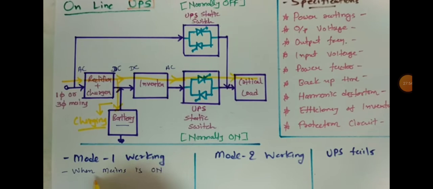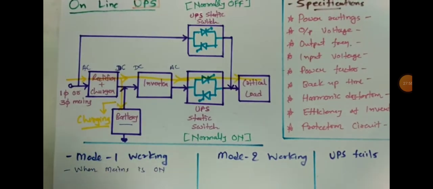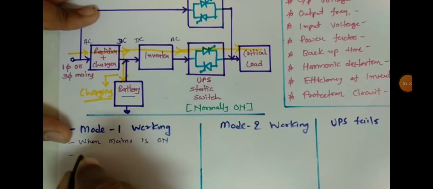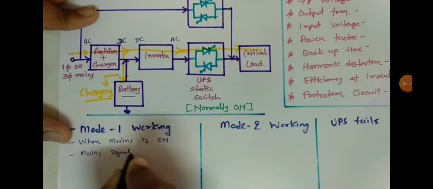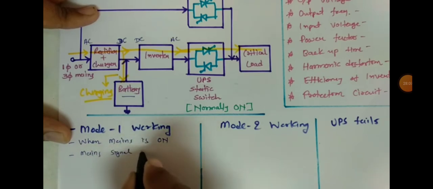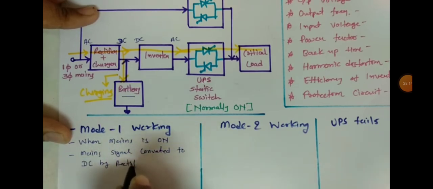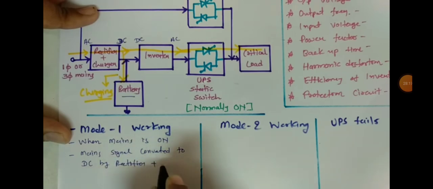So mode 1 is when mains is on. At that time, the mains signal is converted to DC by the rectifier plus charger.